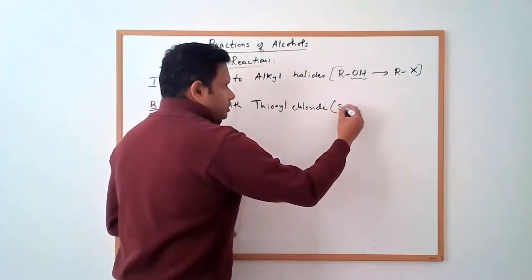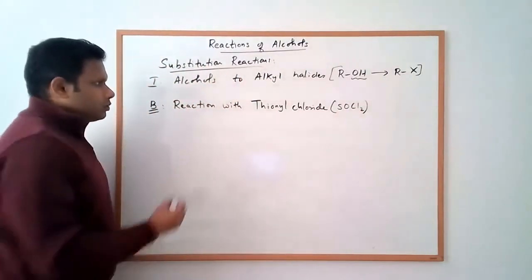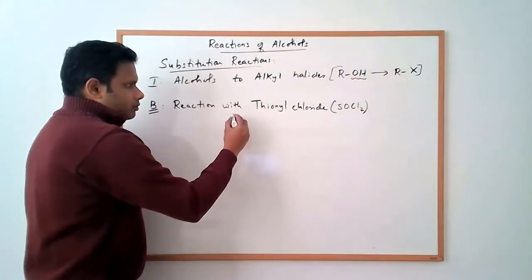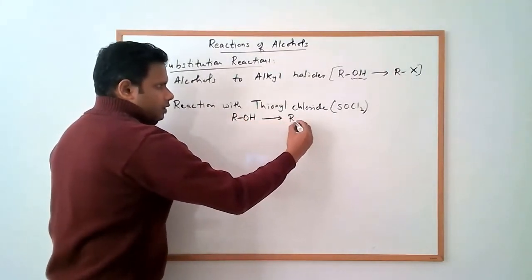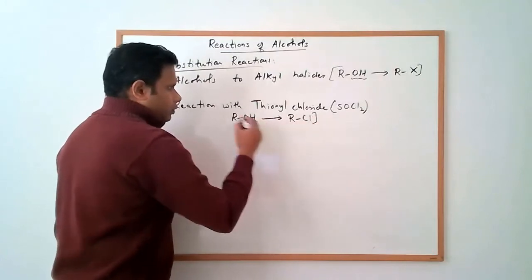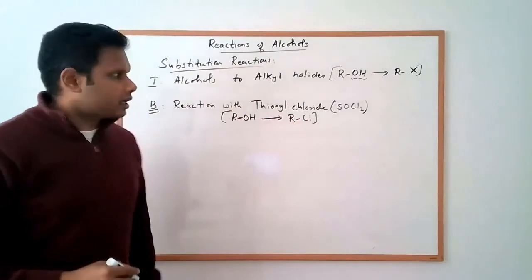Thionyl chloride is SOCl2. Okay, and what this reaction does is it would convert your alcohol into an alkyl chloride. Again, an alkyl halide, but specifically an alkyl chloride.